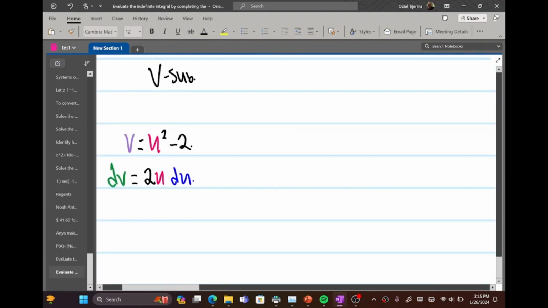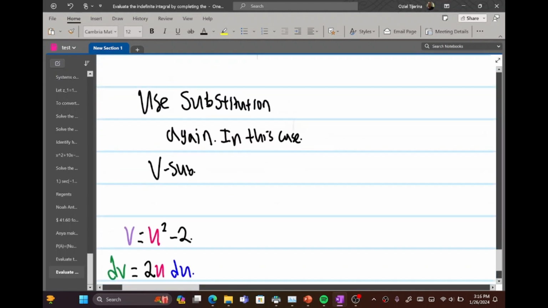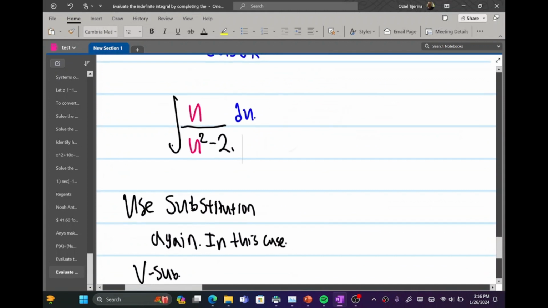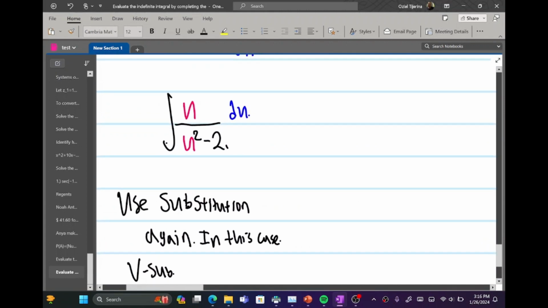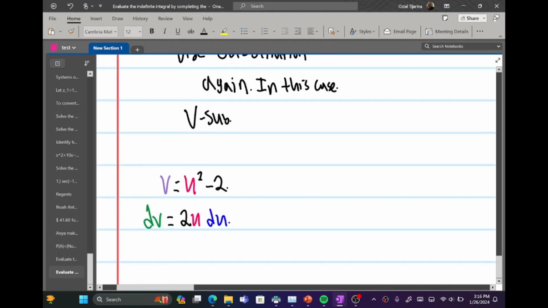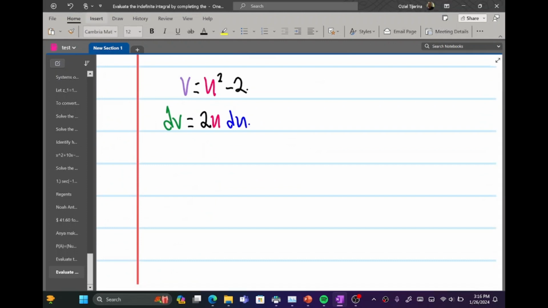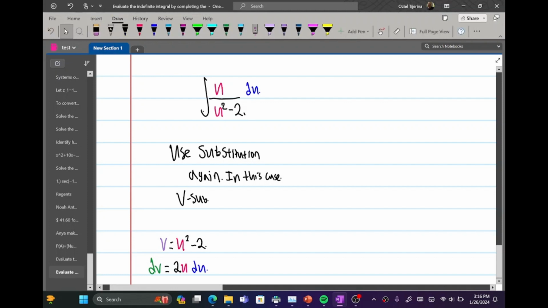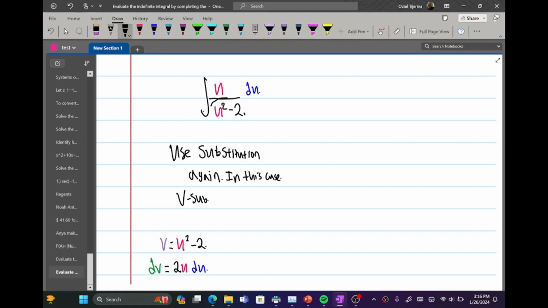It's a lot of colors that I'm using. v is going to be u squared minus 2. So I know that this portion right here is going to be what v is, right?